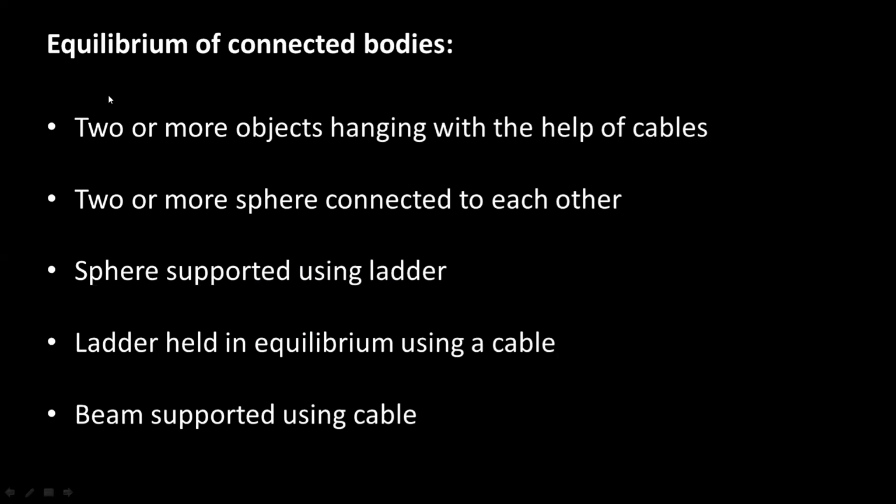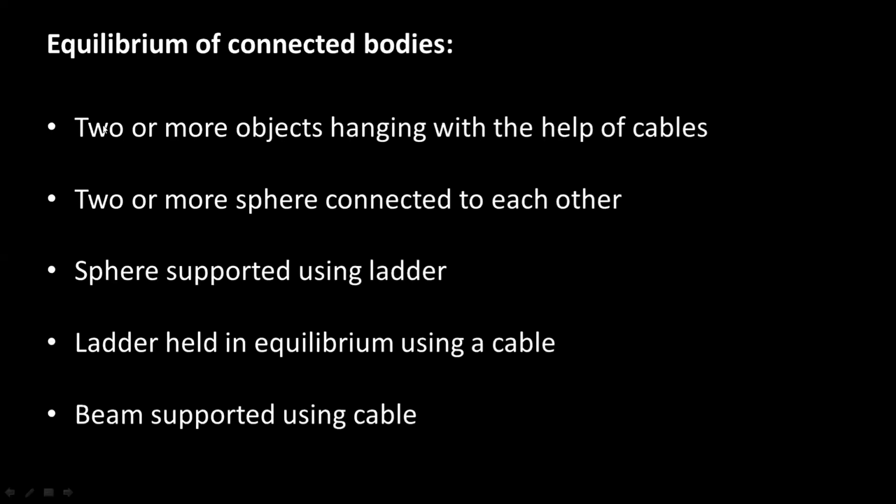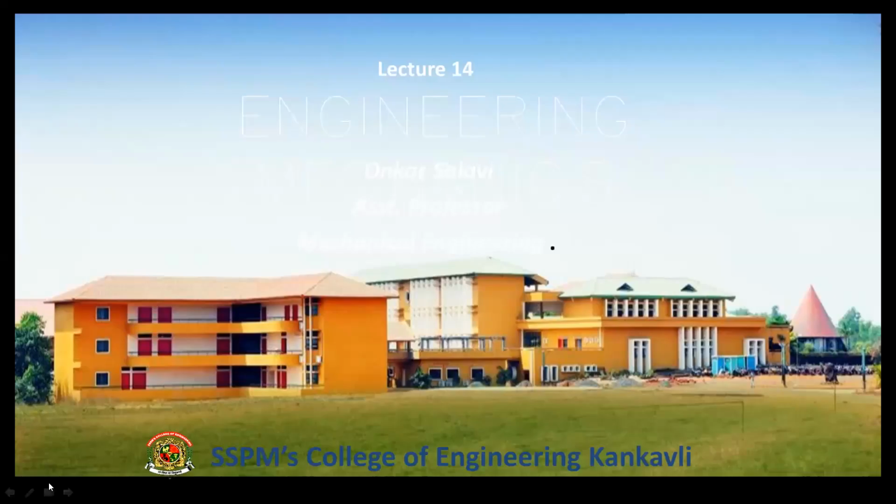So in the equilibrium of connected bodies, you will have these types of problems. All these problems will cover the parallel force system and the general force system, and sometimes also the concurrent force system. So here is the first example, just note this down.